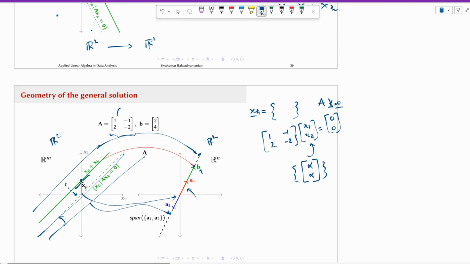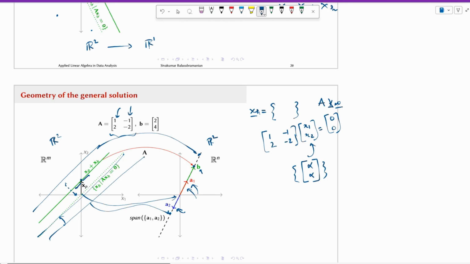Because A1 and A2 are linearly dependent. So you can see what A1 and A2 are. They lie on the same line. That means all you can produce is essentially what falls on that infinitely long line. So this happens when you have a rank deficient matrix. Okay? That you won't be able to reach all points in your output space.